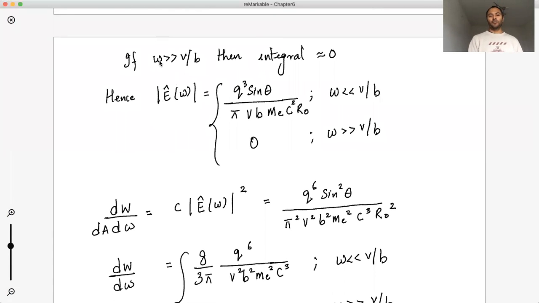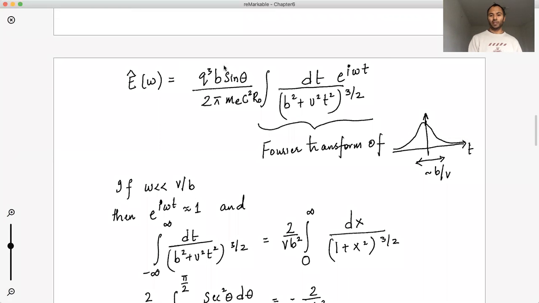Okay, and if omega is far, far greater than v by b, then notice what's happening. That means that this exponential here is varying way more rapidly than this curve here. That's what that condition means, which means that you have a rapidly oscillating quantity inside this envelope of that curve, right? And so all of that is going to average to 0, because if you just average a rapidly oscillating quantity, you're going to get 0.